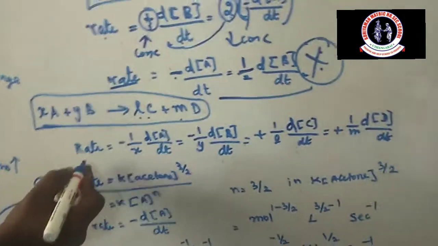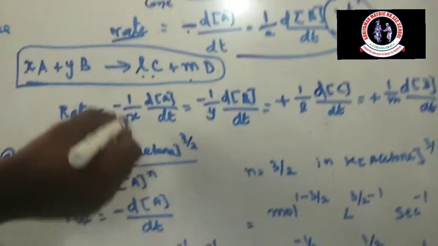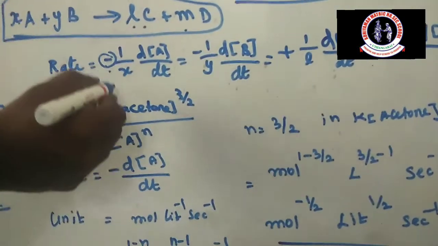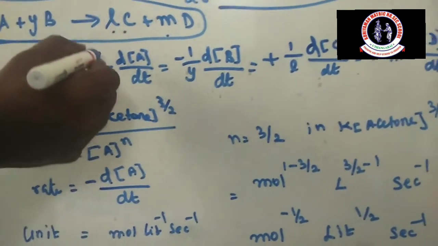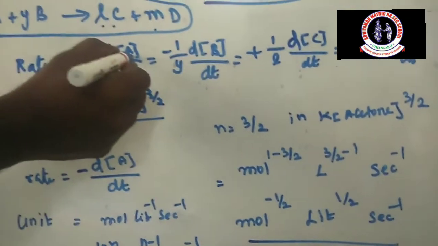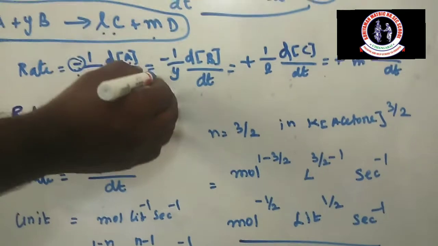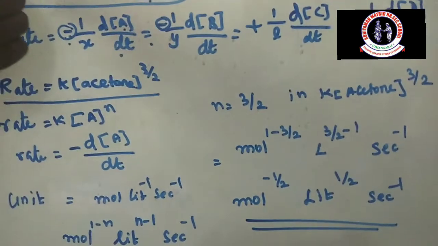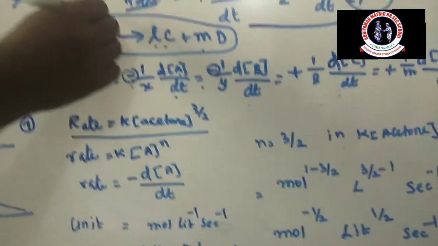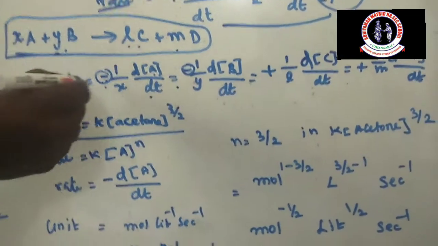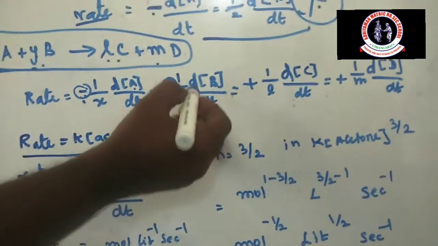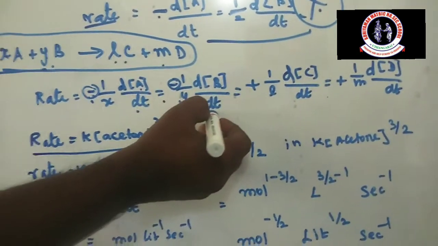For the reactants the concentration decreases, so negative sign: minus 1 by x d of A by dt equals minus 1 by y d of B by dt.